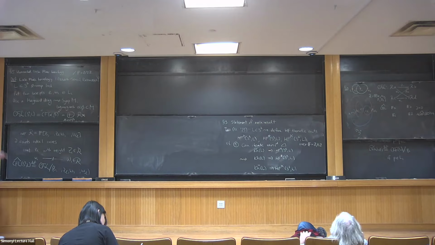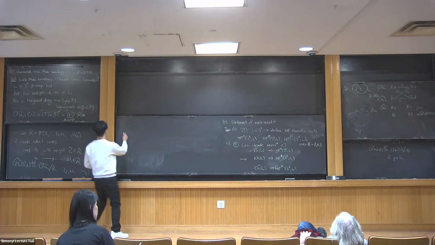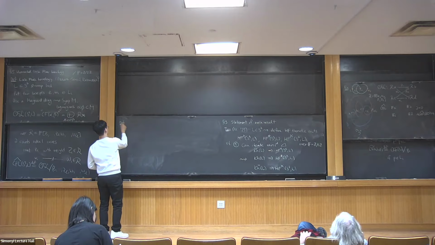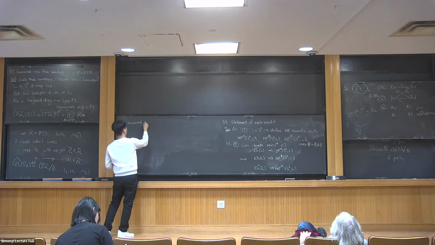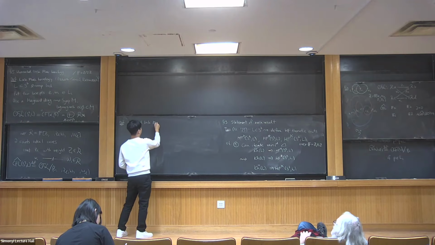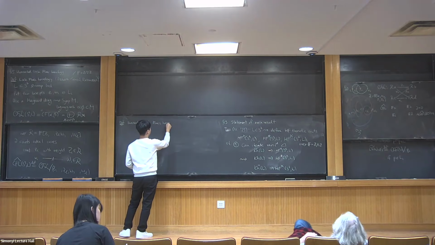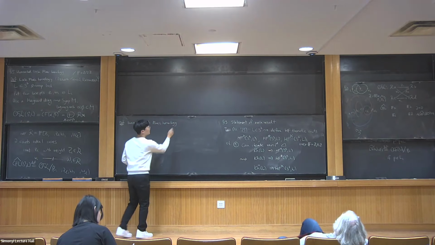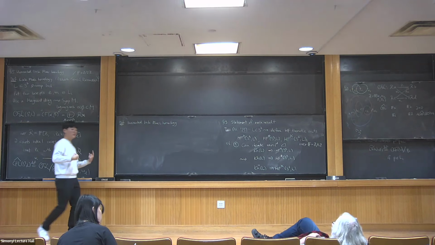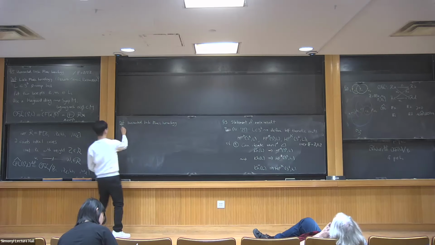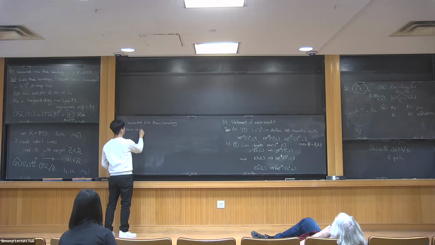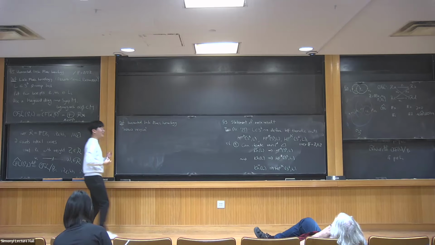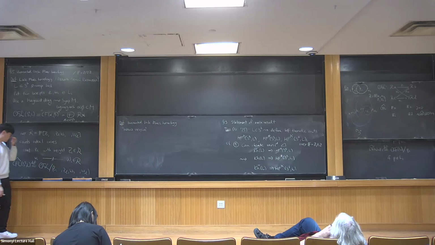So now I would like to define unoriented link Floer homology. Similarly to Khovanov homology, I should define the minus version, and the other versions will be defined as similar algebraic modifications.